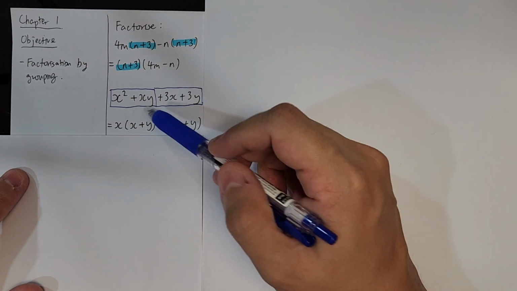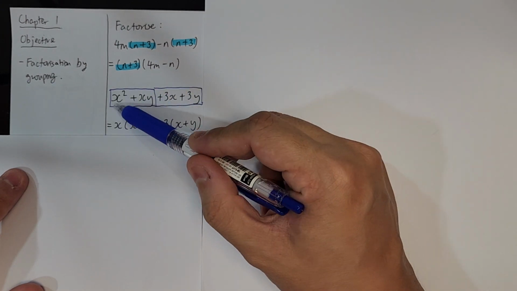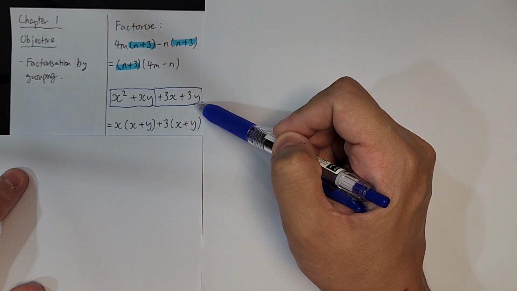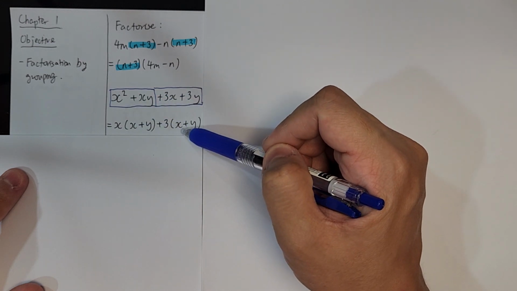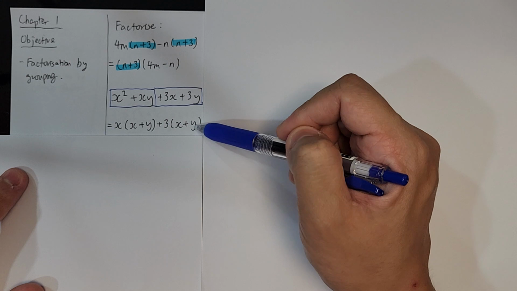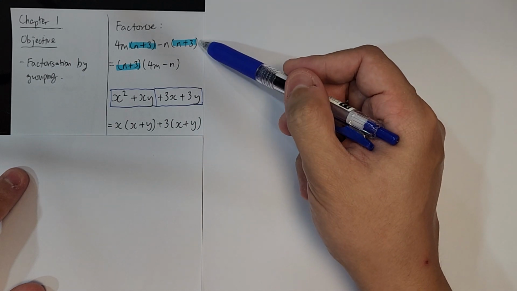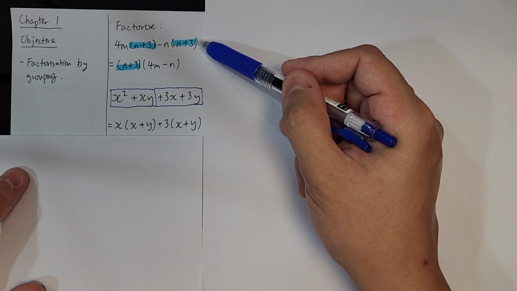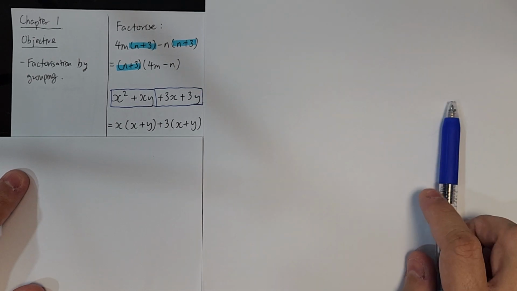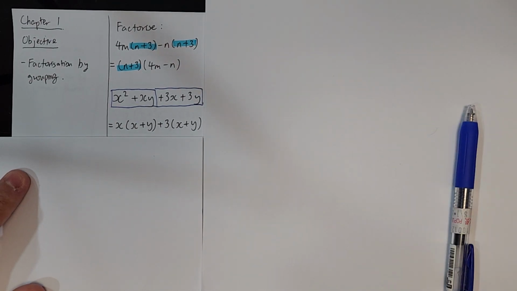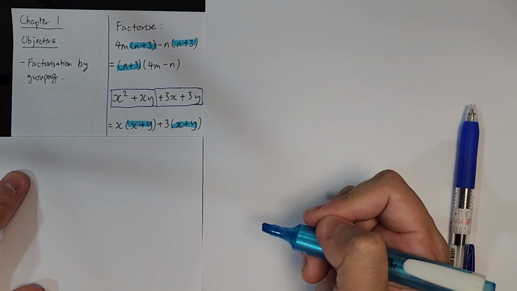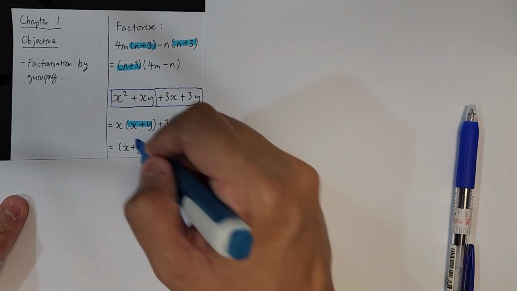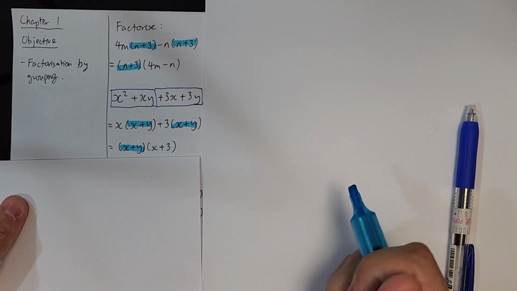You can see 4 terms: I break them into the first 2 terms and the third and fourth terms, and individually factorize them by taking out common factor. Then you realize this is quite similar to where we left off in the previous lesson. Both of them have the common factor, the bracket x plus y, which I can then factorize out.